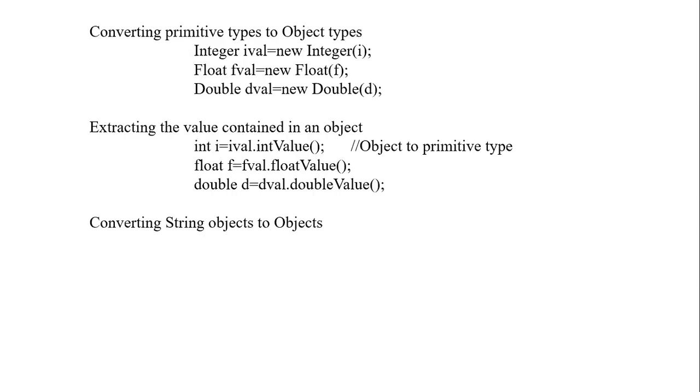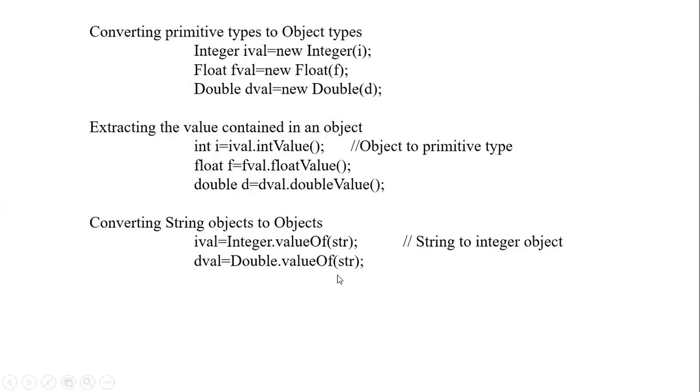Converting a string object to an object, because basically string itself is an object value, so object to object you are passing. See, you have str as an input, so the value of str you are trying to convert into an integer, string to integer object, string to double, right?